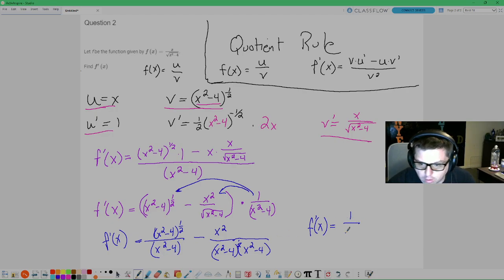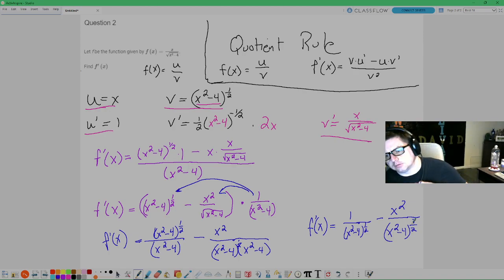So I would be left with 1 over x squared minus 4 to the 1/2 power, because one of the 1/2s would cancel out on the top and bottom. And then this one, minus x squared over x squared minus 4 to the 3 halves power, because that's missing up there.